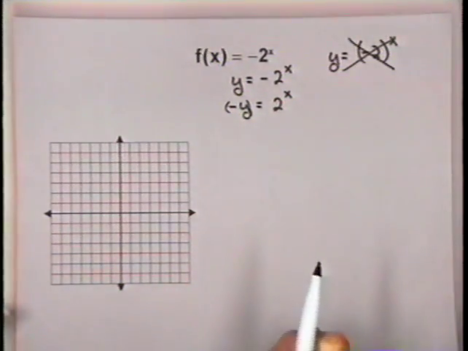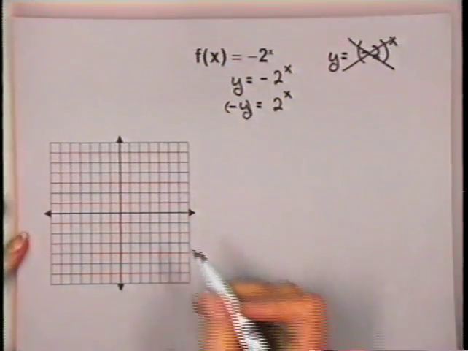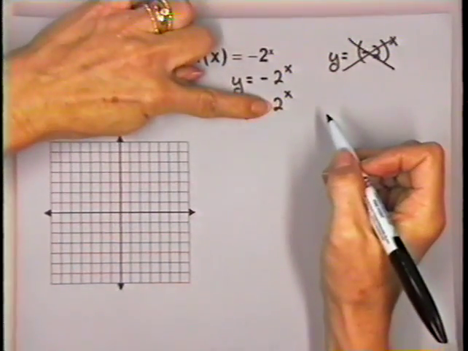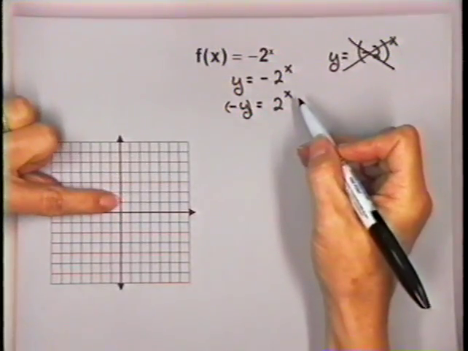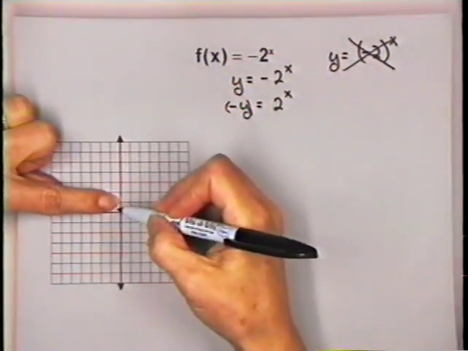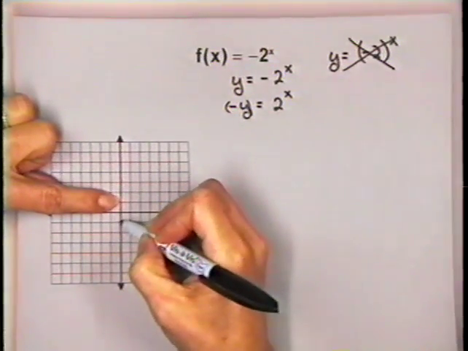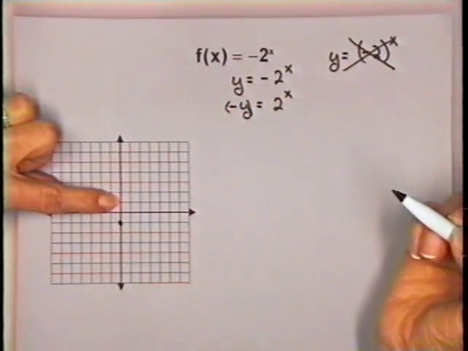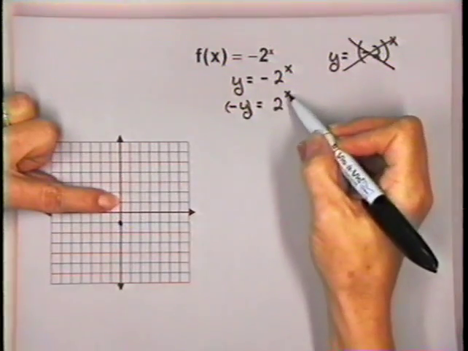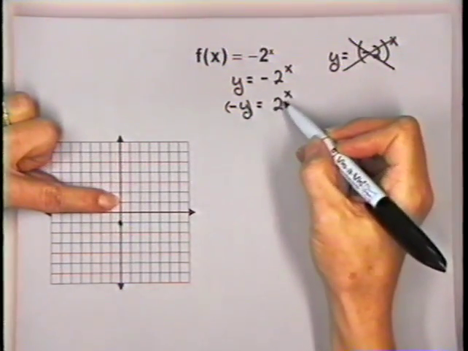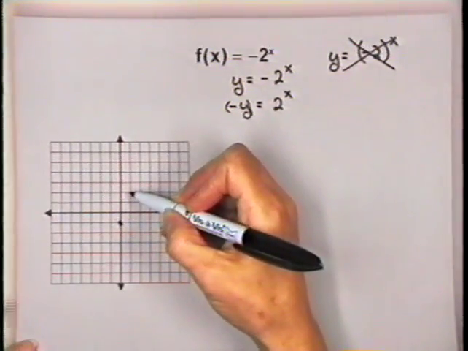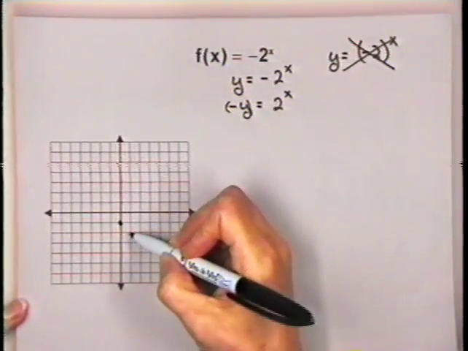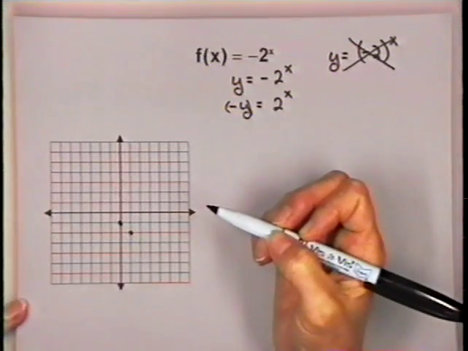Now I'm going to graph this as a reflection, and then we're going to look at some points to show that that's true. Remember that on 2 to the x, I go through the point 0, 1? That would be right here. If I reflect that over the x-axis, that would be down here, wouldn't it? Also, on 2 to the x, if x is 1, the y value is 2, in other words, 1, 2. If I reflect that point over the x-axis, I'm going down here.